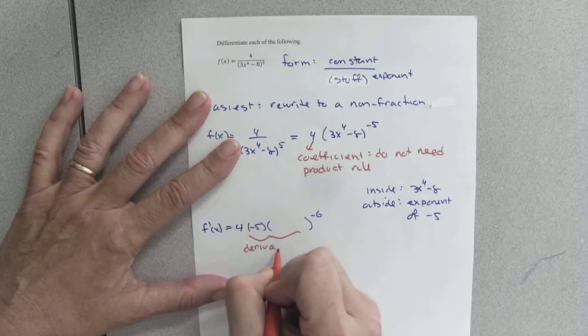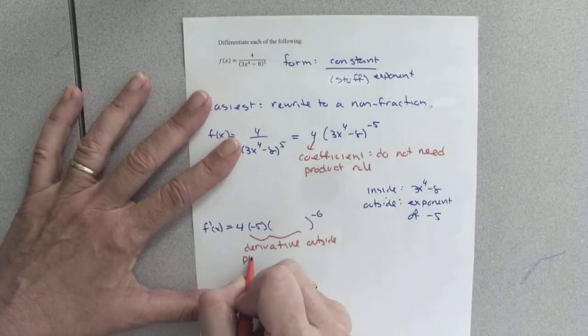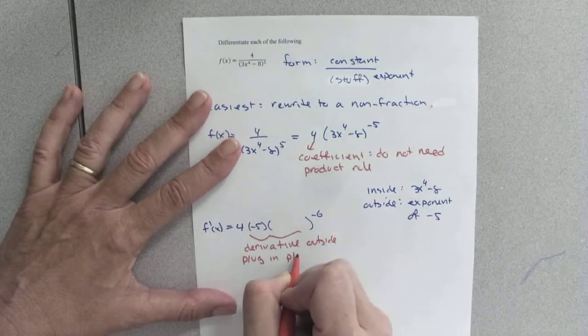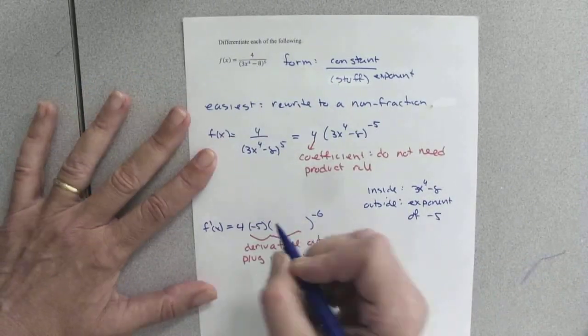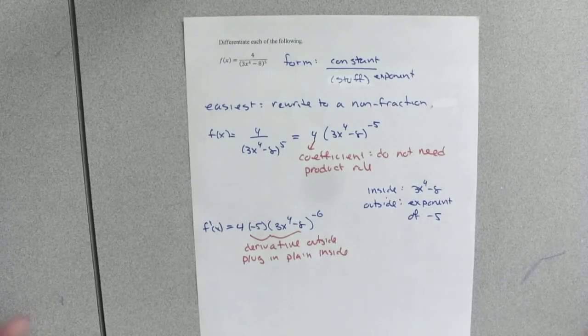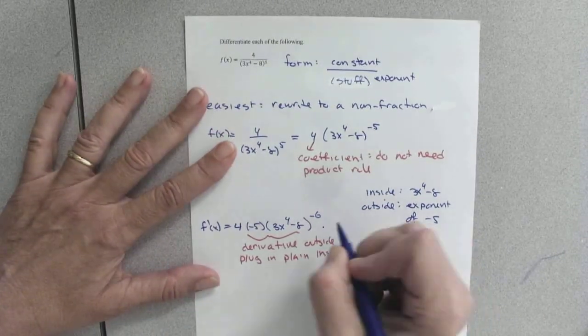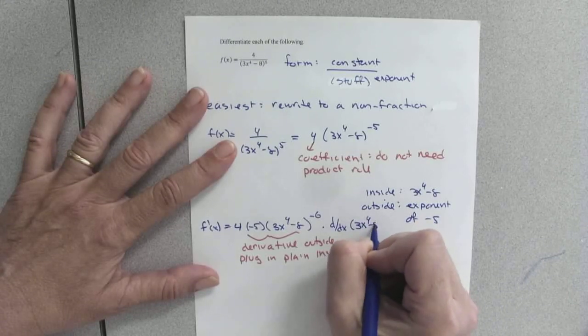So there's the derivative of the outside. Plug in, play inside. The most common mistake is people take a derivative there. Then the rest of the chain rule: times the derivative of the inside.